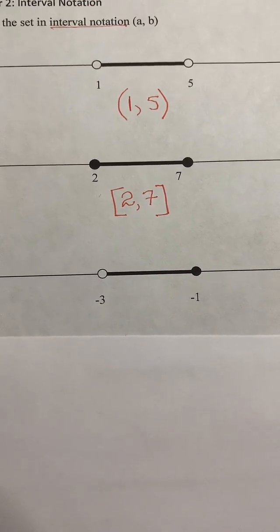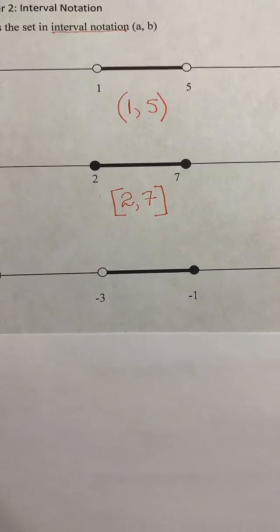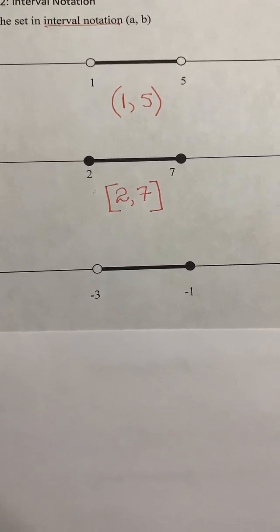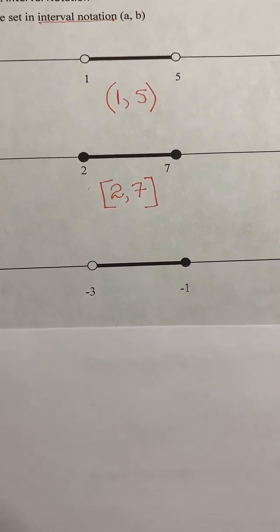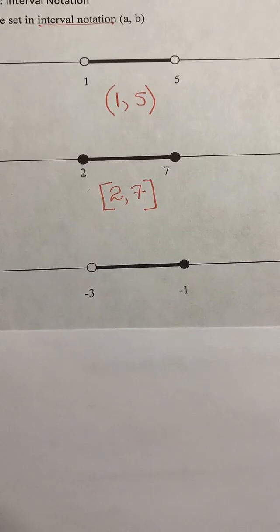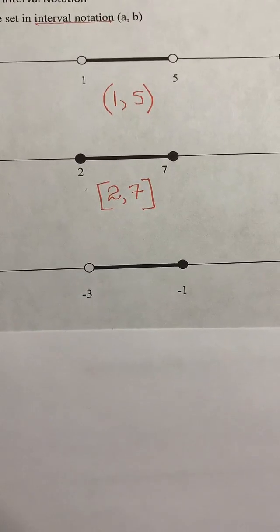Okay. So Deanna, good with the 2 and the 7. Make sure we put brackets around those from the previous one. So Katie's saying -3, -1, parenthesis bracket.